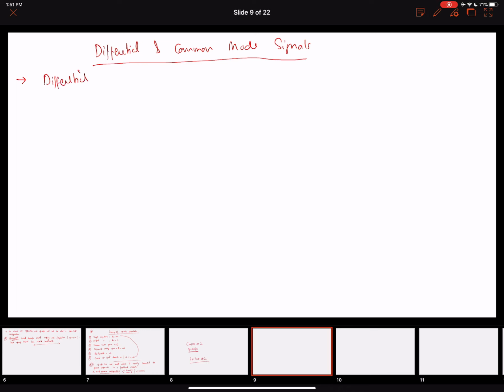The differential input signal, let's call it VID, is the difference between the two input signals at the op-amp. So our VID will be equal to V2 minus V1. Let's call it equation number 1.